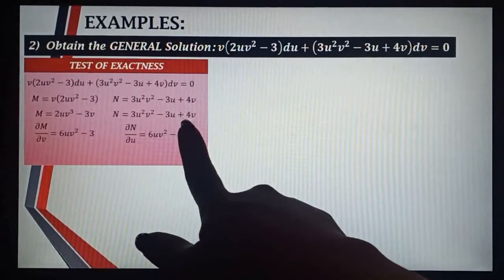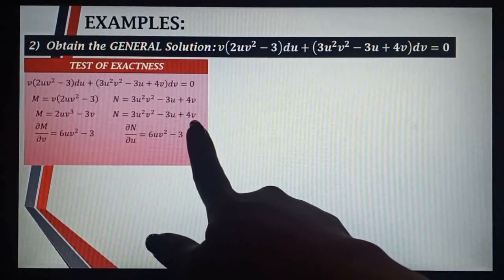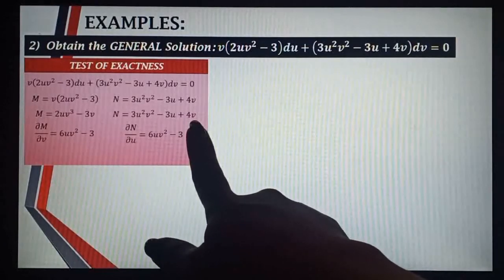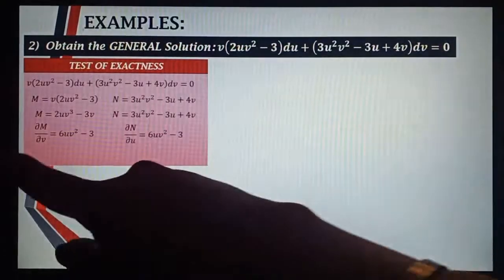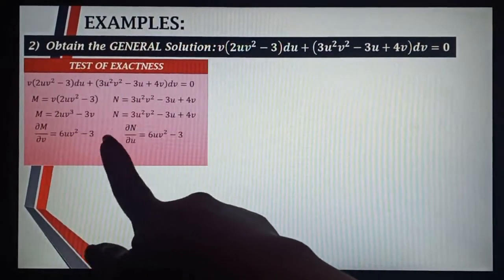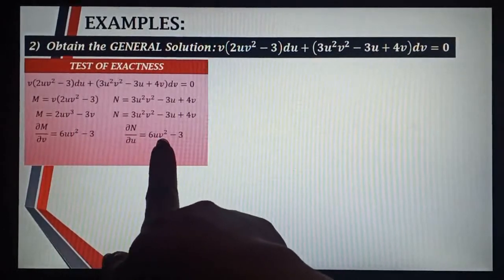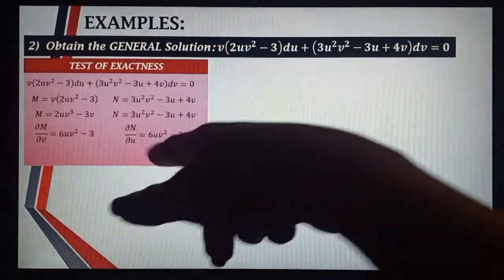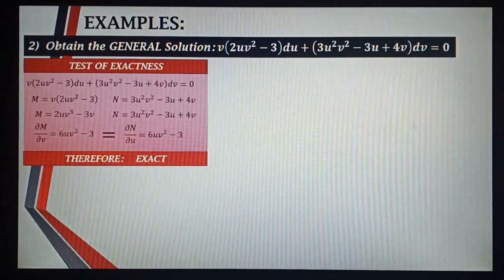The derivative of 4v, since v is considered to be constant, so that is 0. So if you will notice, the partial of M and the partial of N are equal since they have both 6uv squared and negative 3. So kapag equal sila, the equation is considered to be exact.